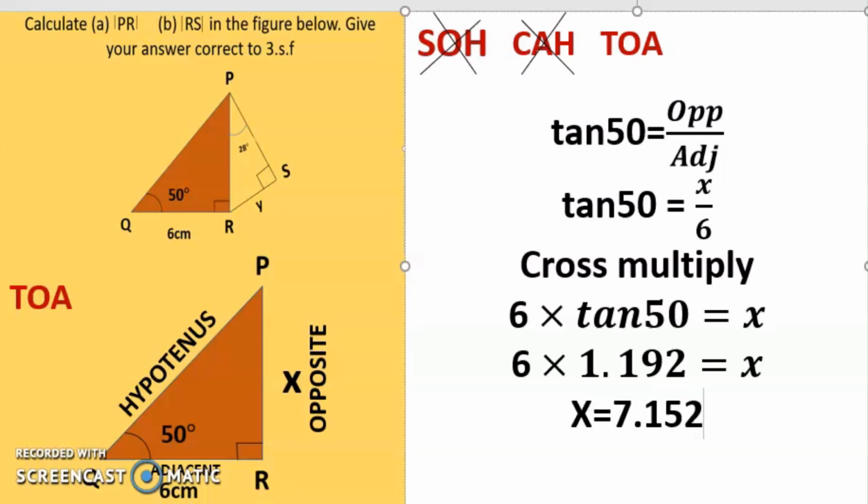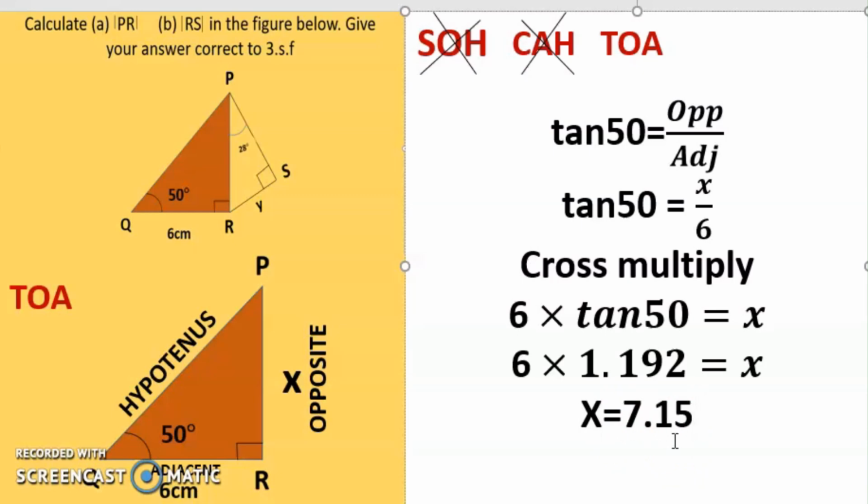But since we are asked to correct our answer to 3 significant figures, our answer will be 7.15.